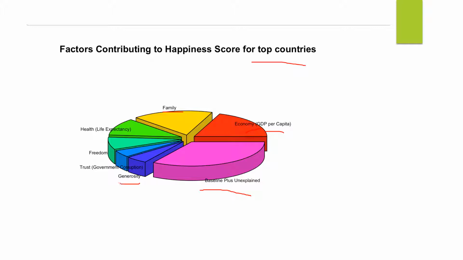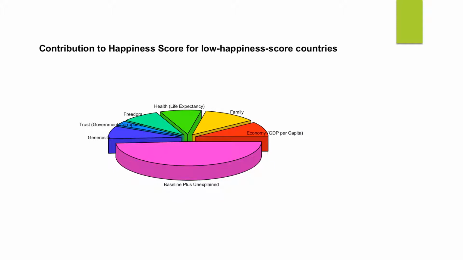The generosity contributes very nicely, and the trust also contributes a little bit. This graph is for the low happy score countries. As we can see, the unexplained factor contributes the most, and then the family, then the economy. The generosity contributes very nicely, and the trust also contributes a little bit.